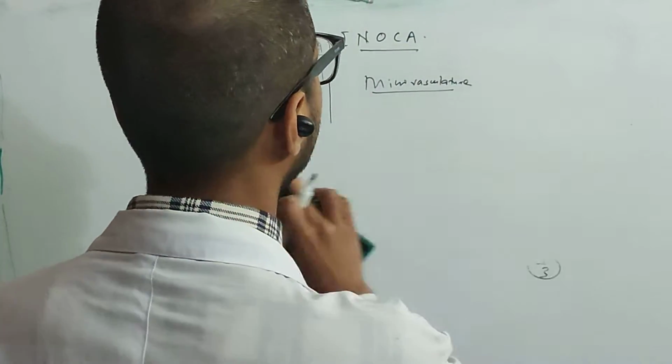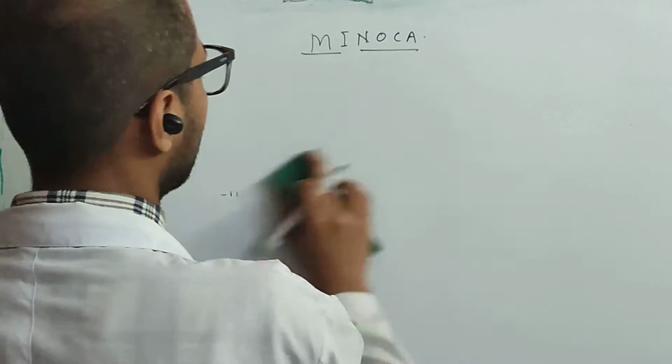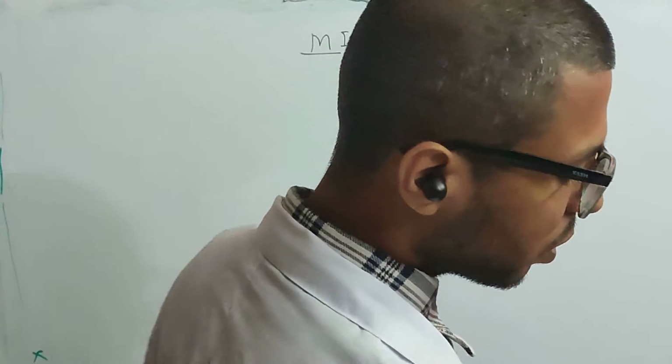So while talking about etiologies of this MINOCA, let me give you one example. Let's suppose a patient has a femoral fracture and he bled significantly, and that led to decreased blood in the circulation, leading to decreased perfusion and he had MI. Does this fall under MINOCA?